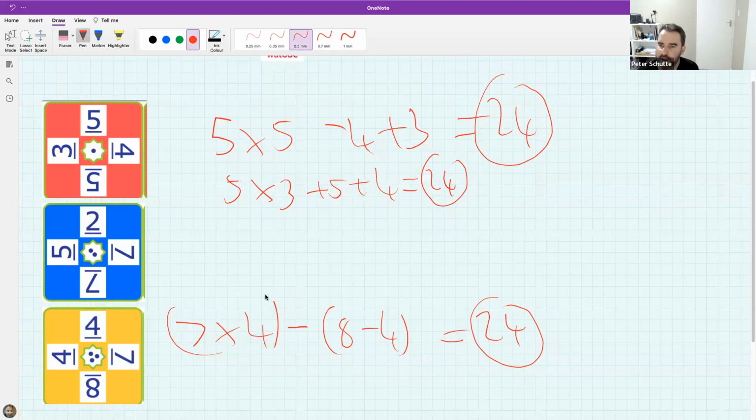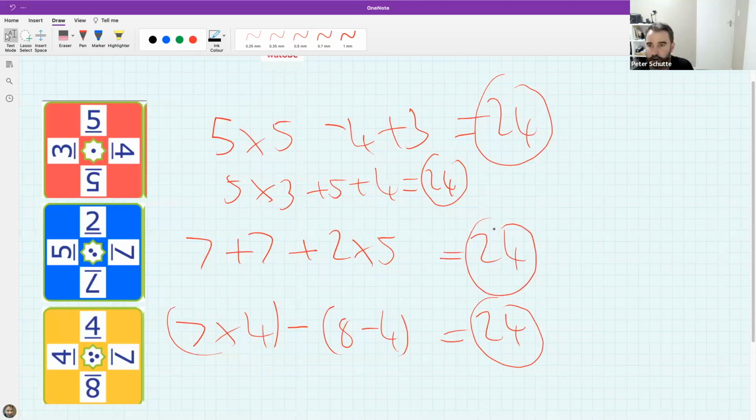And for blue, Havila has said 7 plus 7 plus 2 times 5, and Sonic has agreed, and Alwande has agreed. And so we have got 24. Marang agrees. And who else agrees? Coronela also agrees. So yeah, we are golden.